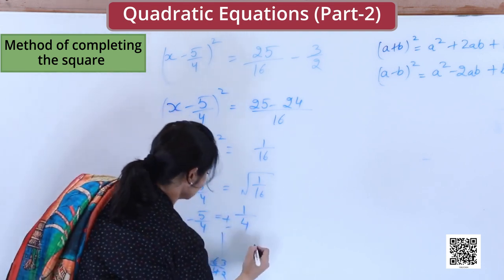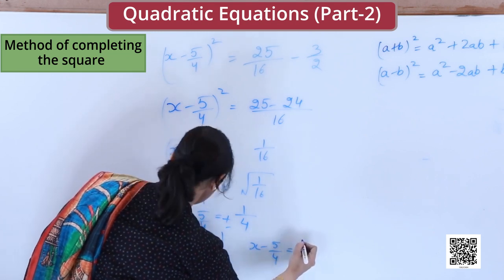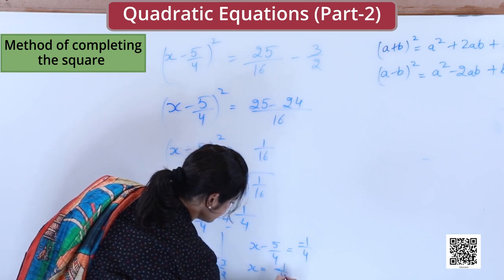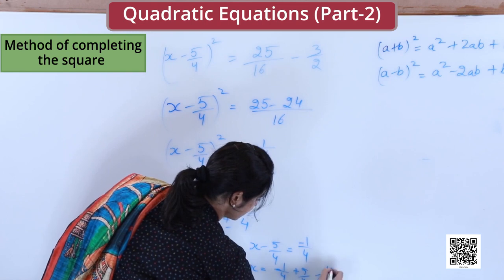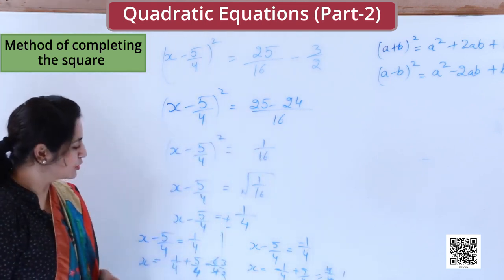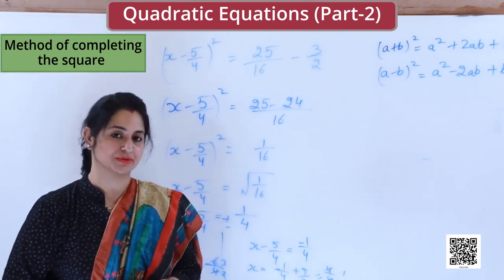And taking it to be negative, x − 5/4 equals −1/4. So x will be equal to −1/4 + 5/4. That is 4/4, that is 1. So the value of x here is once 3/2 and then 1. Thus we find the roots of the equation.